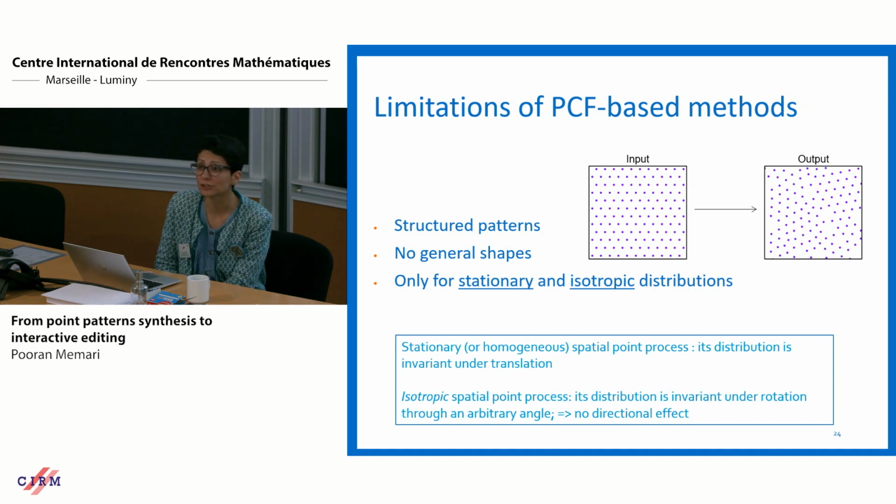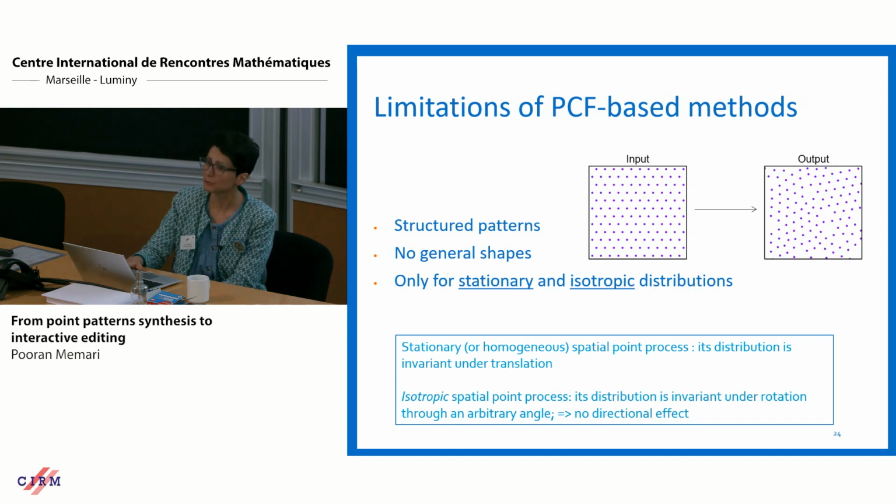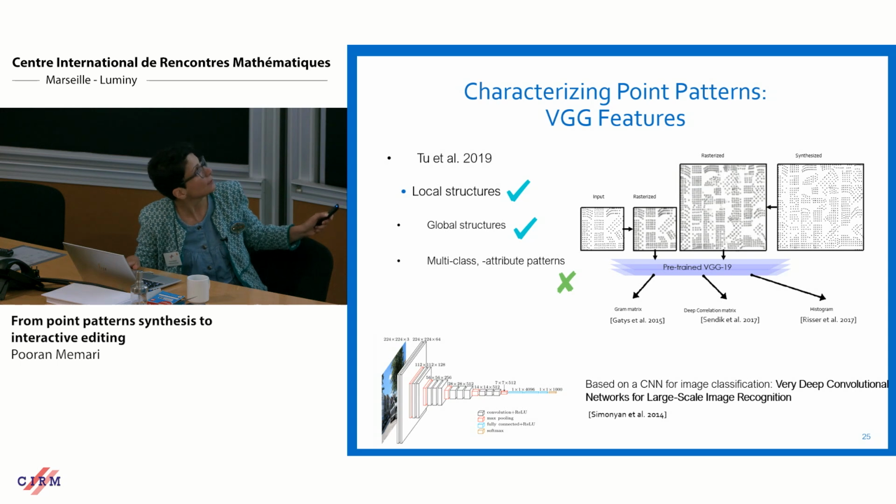These kinds of signatures are bad at representing structures or any kind of anisotropy. They are good only for stationary or isotropic distributions, which means that if your data is invariant under translation or orientation, then you are perfectly fine. But as soon as you have a structure which appears, for example, in this case, then you are not good, and that will be tricky.